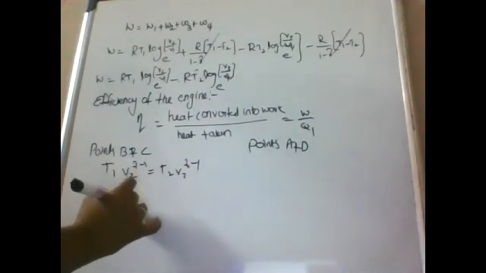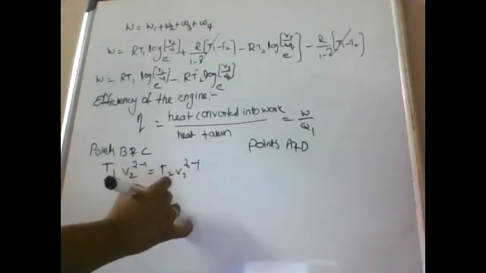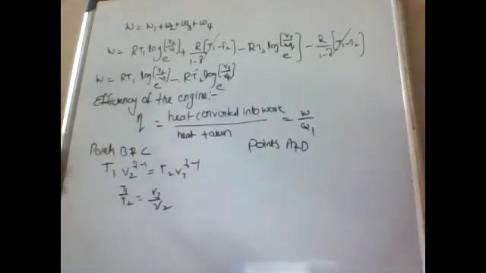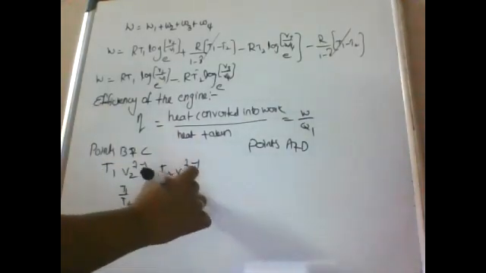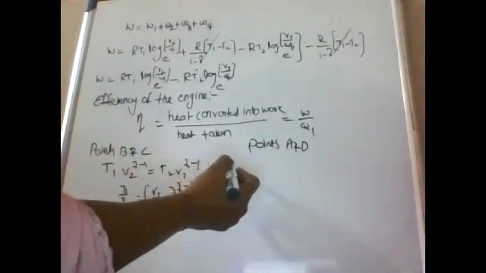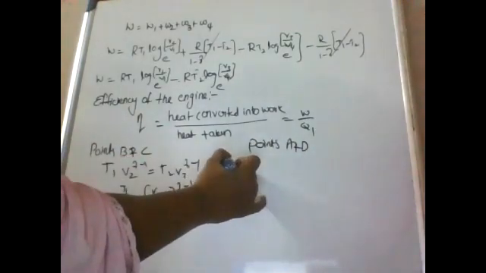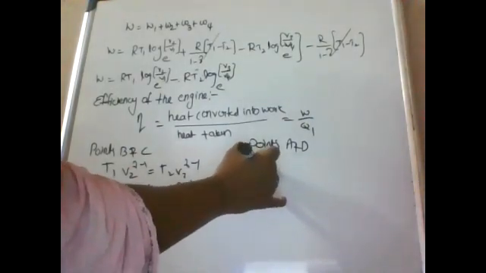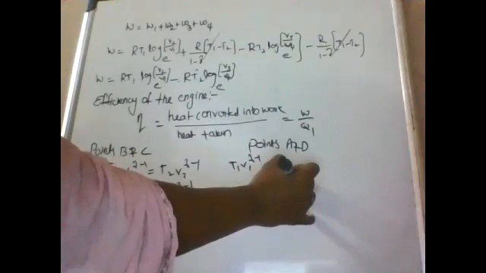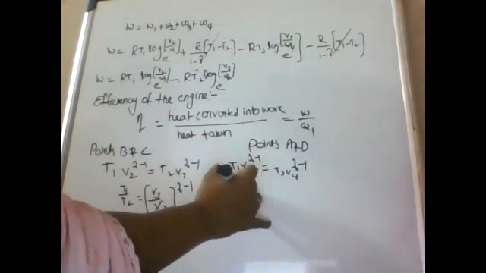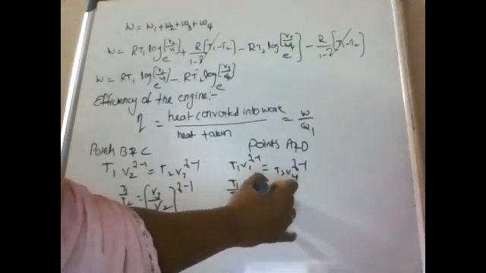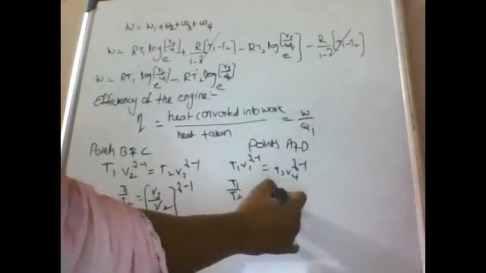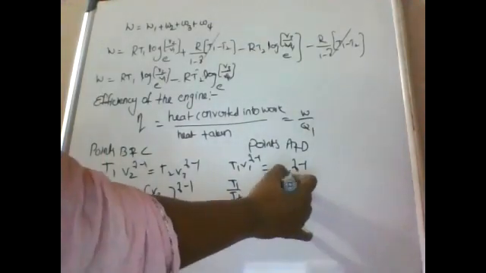So T1 by T2 equals V3 by V2 whole power gamma minus 1. From points A and D, T1 V1 power gamma minus 1 equals T2 V4 power gamma minus 1. So T1 by T2 equals V4 by V1 whole power gamma minus 1.